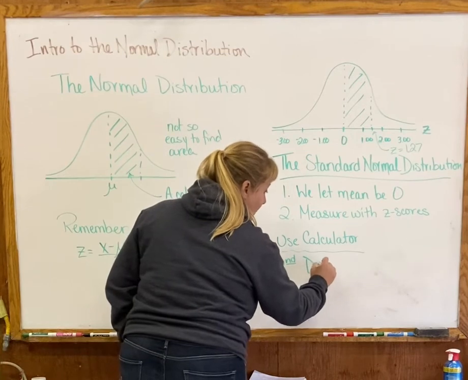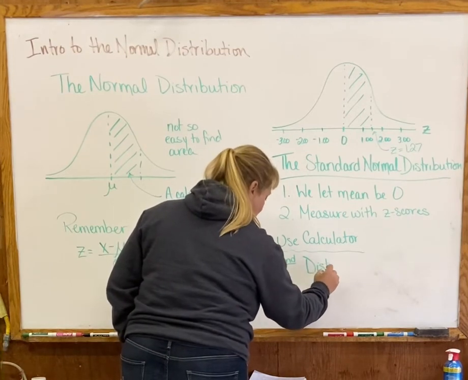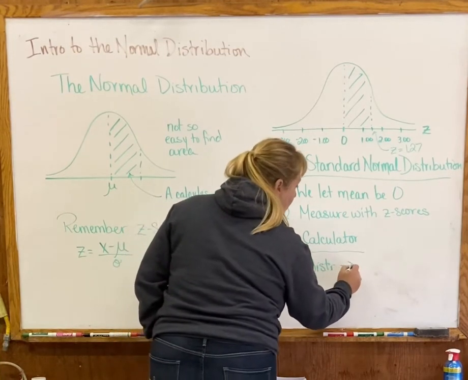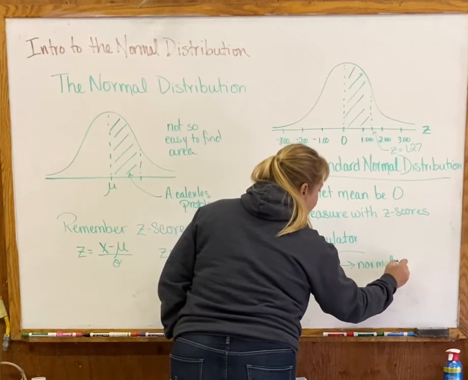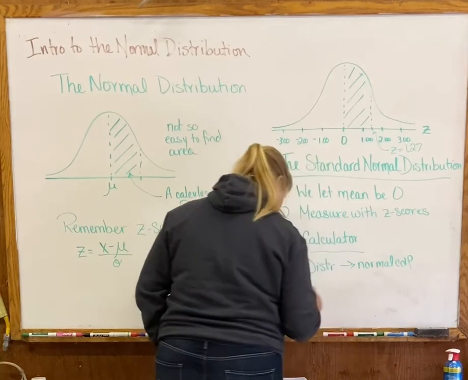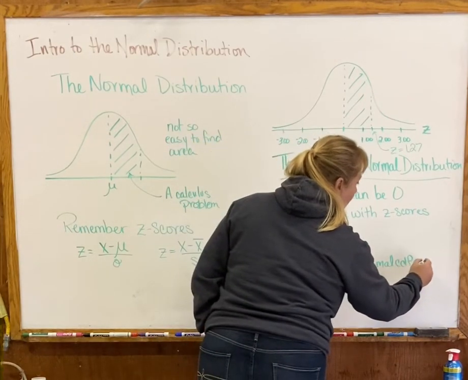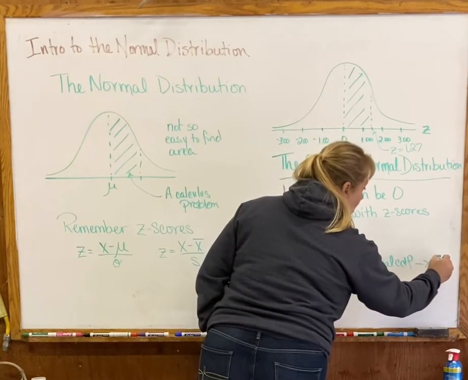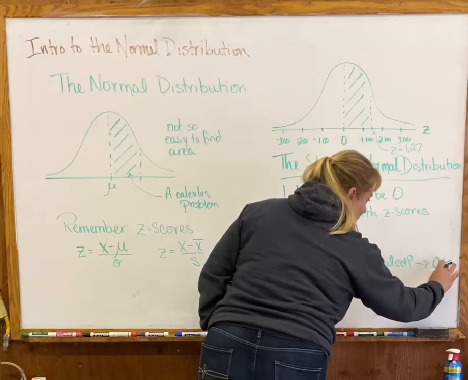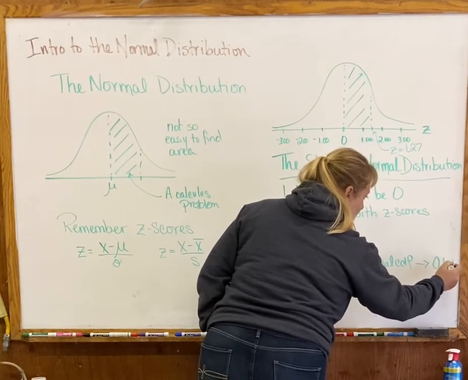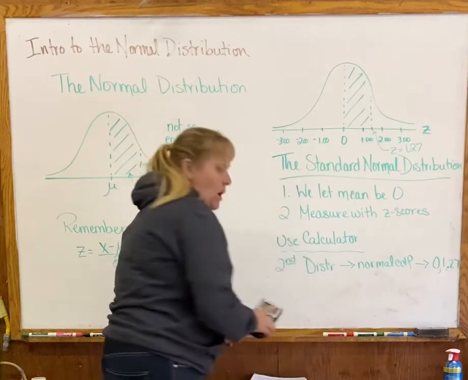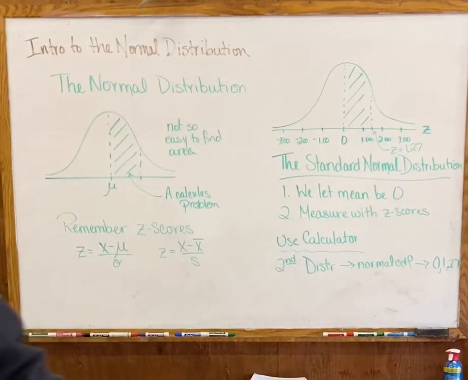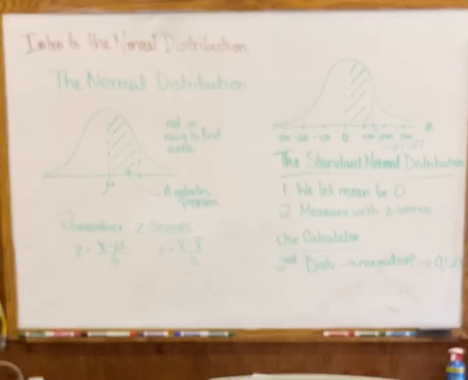And again, I'll show you this in a second. So second distribution, then we're going to go down to normal CDF. And then we're going to plug in 0, 1.27. Okay, so let me show you how this is going to look.